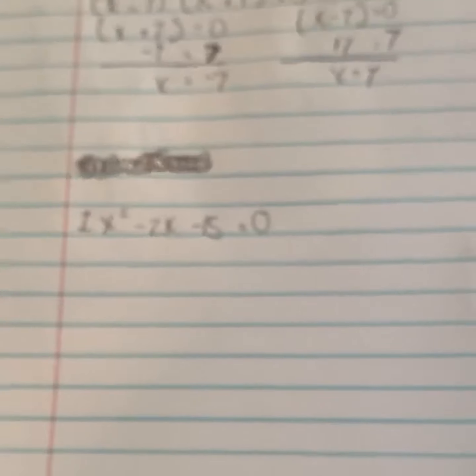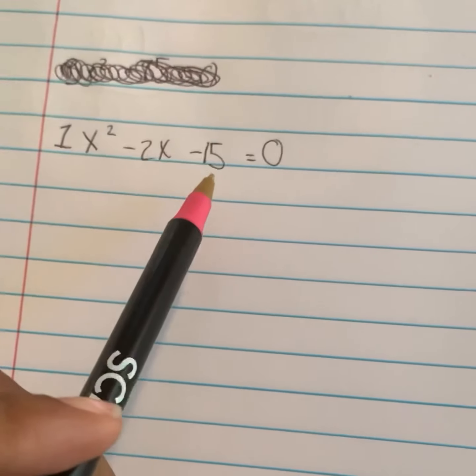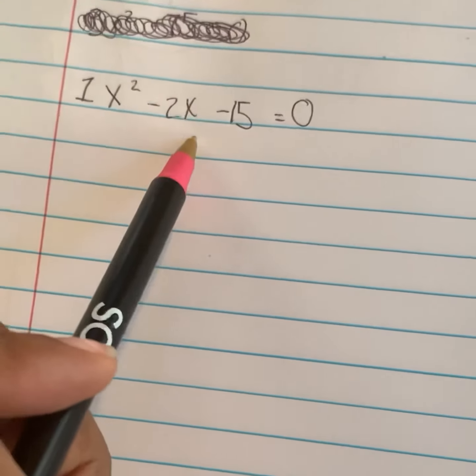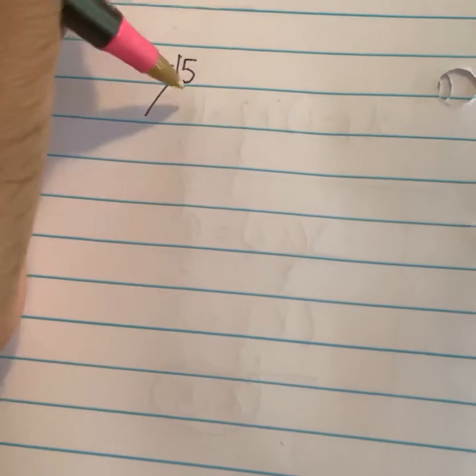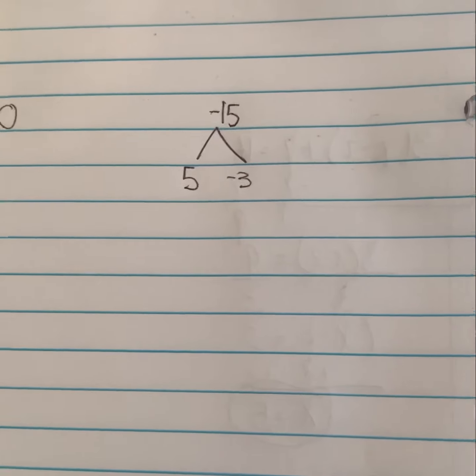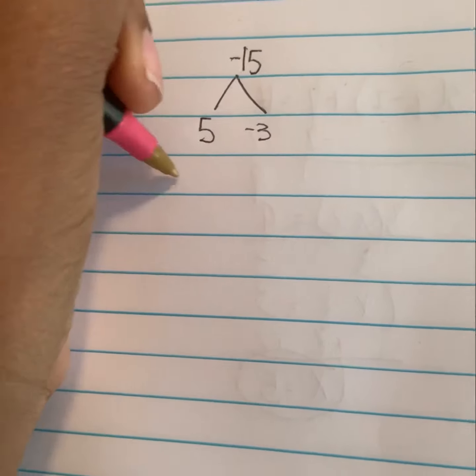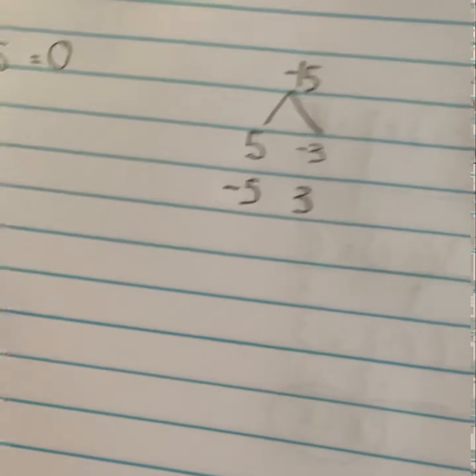So let's do another equation. With this equation, we want to find what multiplies to -15 and adds to -2. So 5 and -3 would equal 2. But -5 plus 3 would equal -2, which is right here.